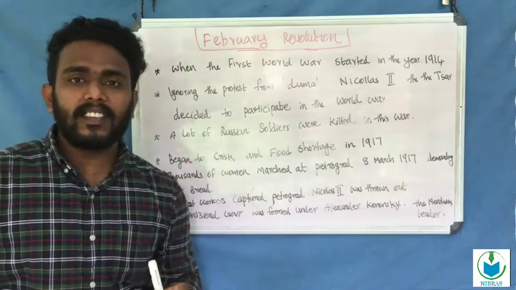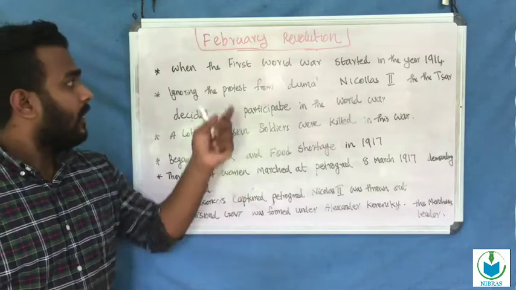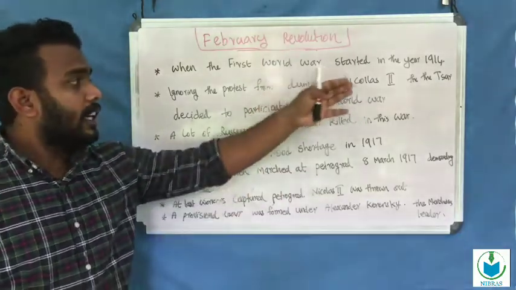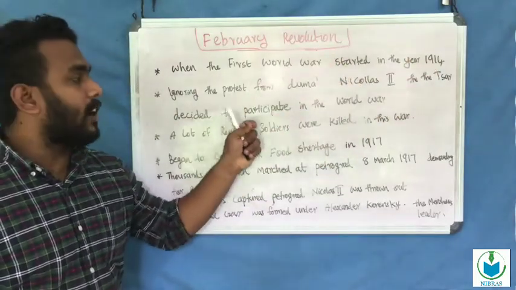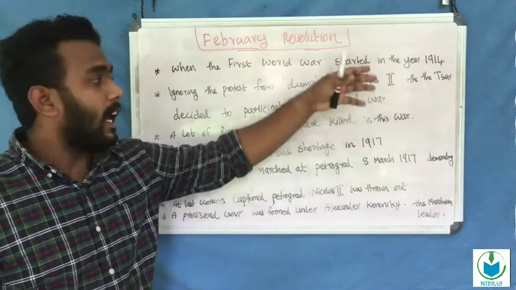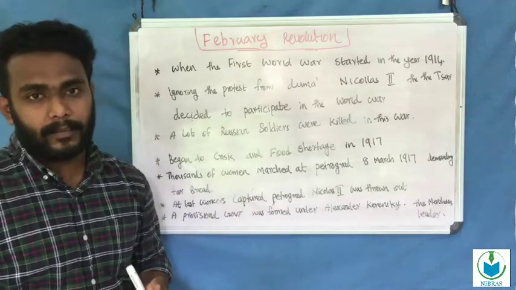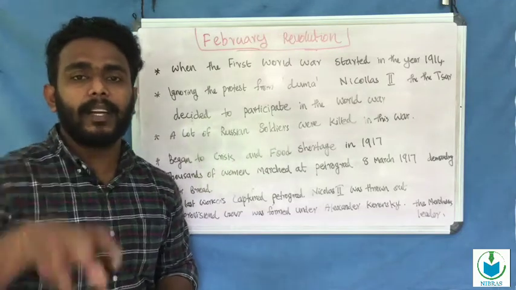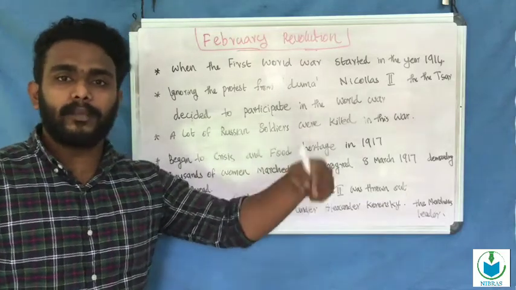But the Duma, the legislative assembly, protested against Russia's participation in the war. Nicholas II, the ruler, ignored that protest from the Duma and decided to participate in the First World War.